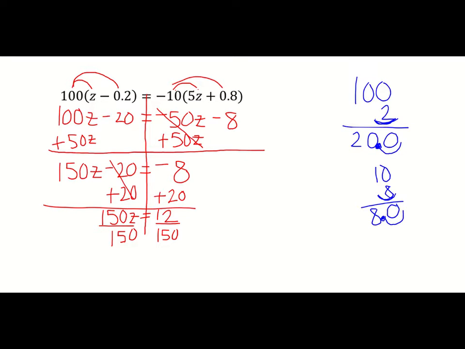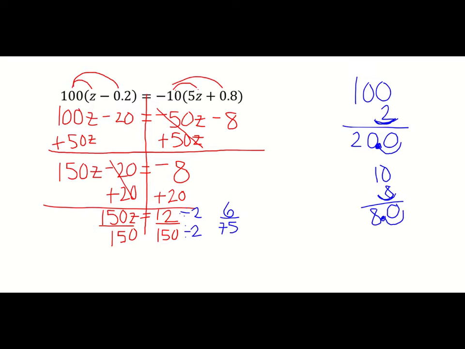Now clearly 150 won't go into 12, it's way too small, but I know both of these numbers can be divided by 2 because they're even. So I'm going to divide them both by 2. 2 goes into 12 6 times, and 2 goes into 150 75 times.